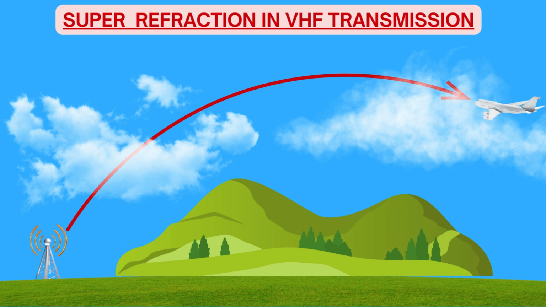Radio waves experience greater refraction, that is, they are bent towards the Earth's surface more than what is there in normal conditions and giving notable increase in line of sight range to as much as 40% more than the usual range.